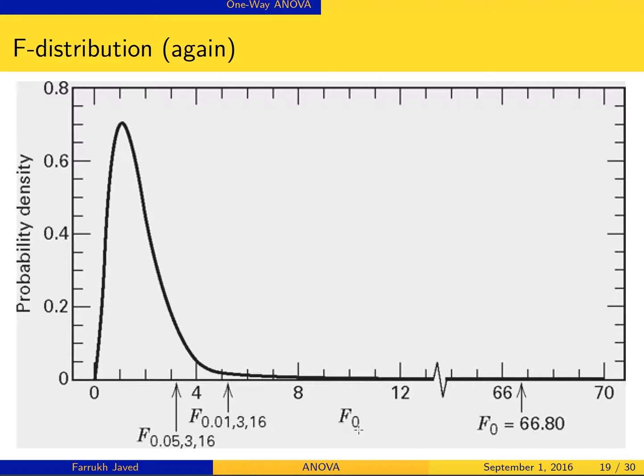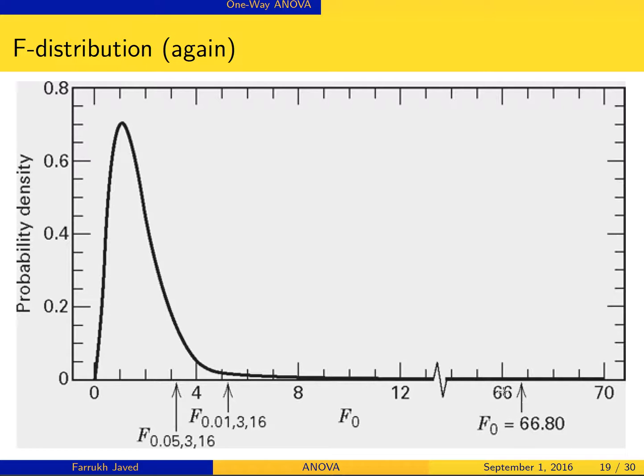If you recall the plots I was drawing last week about the Z and T distributions, for the F distribution, this is the shape. It's not like a bell shape. It's not a balanced shape. Here lies the F naught, the calculated value.